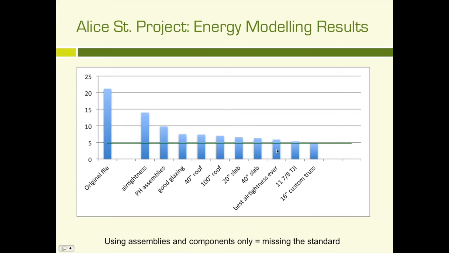I'm not sure what Mike used for that. And then thickening the walls, having about an 18-inch thick wall, and then going up to a 23-inch wall. Basically, to get to that 4.75, we had to do all of those things to make the standard. So we couldn't do this without passive solar.